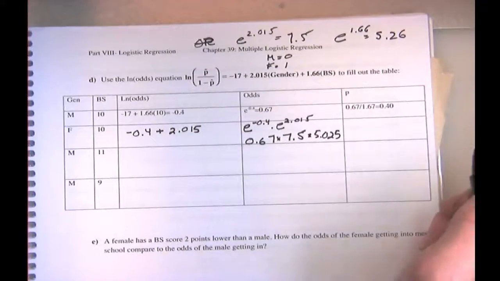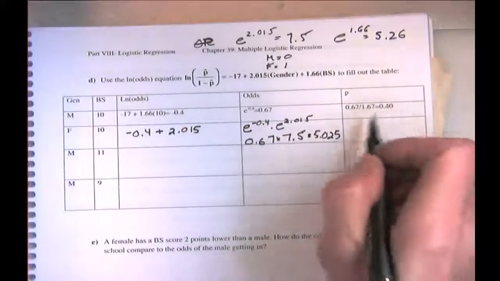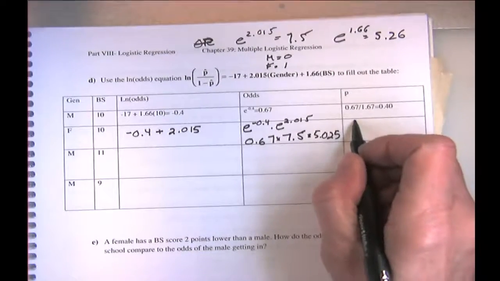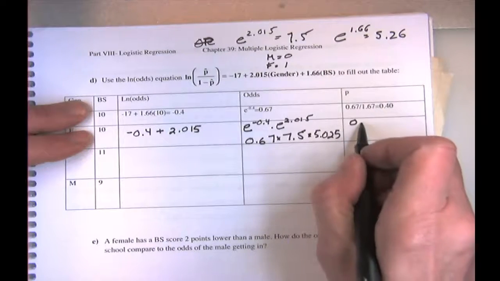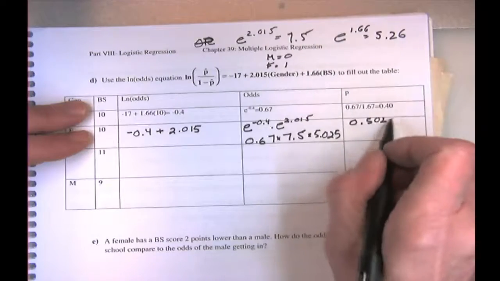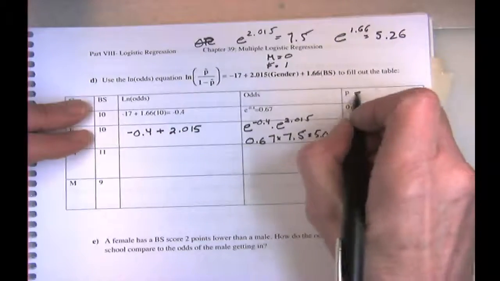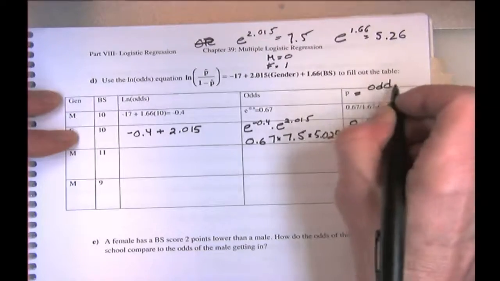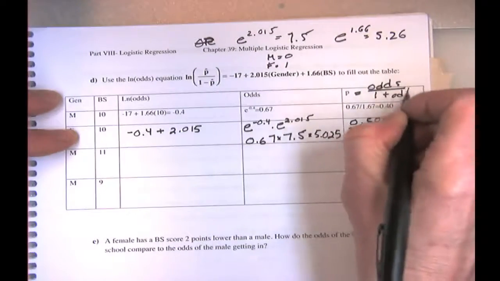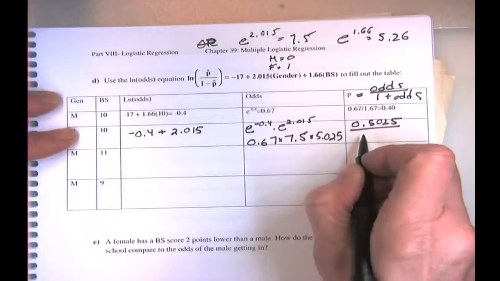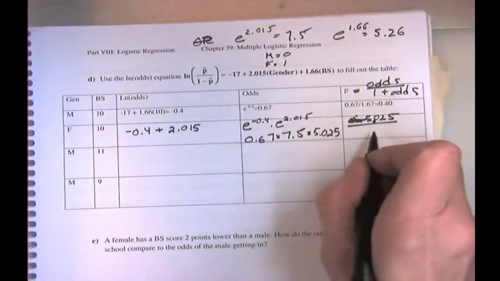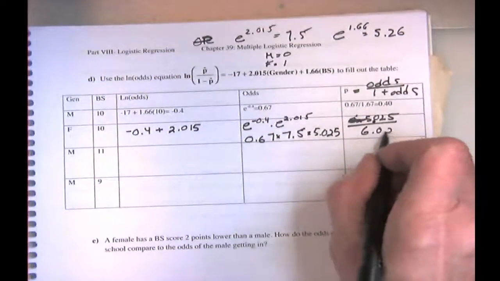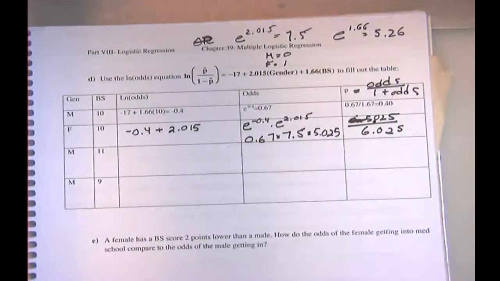So how would that change the probability? What would the probability be for a female with the same biological science score of 10? Probability is equal to odds over 1 plus odds. Remember that? So look at what I just did: 5.025 divided by 6.025, right?